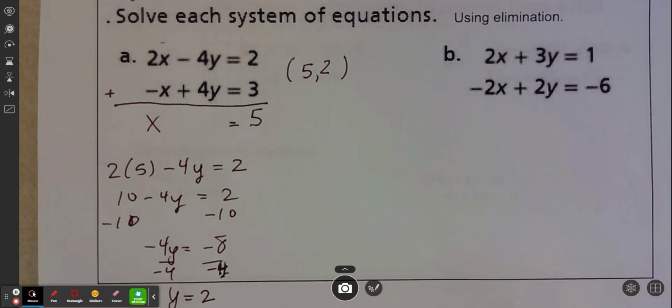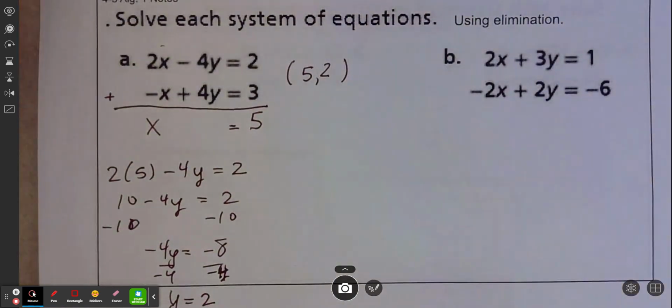What made the elimination work on this? You can cancel out the y's. It's positive 4y and a negative 4y. So had that not been like that, we would not have been able to do it yet. If they were both positive, then we wouldn't be able.